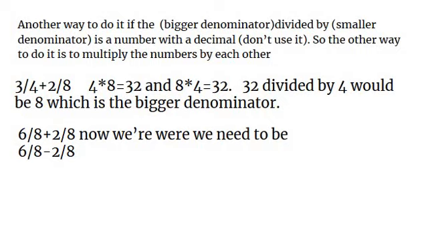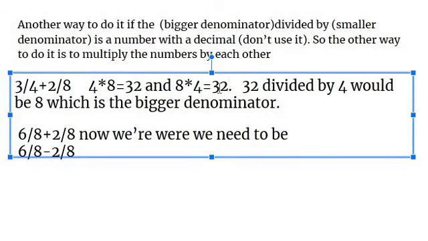So we would multiply 4 times 8, which are the denominators, equals 32, and 8 times 4 equals 32. So each one of the denominators would be the same, which is 32. Divided by 4 would be 8, which is the bigger denominator. So you just gotta simplify 32 till it can't be simplified anymore.